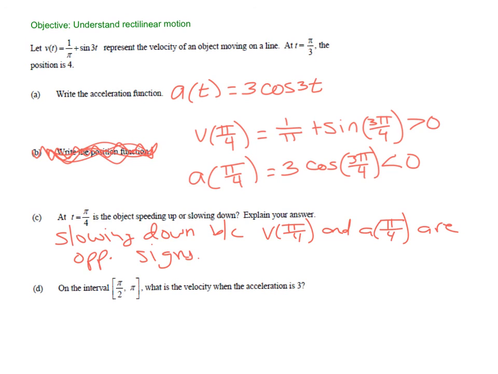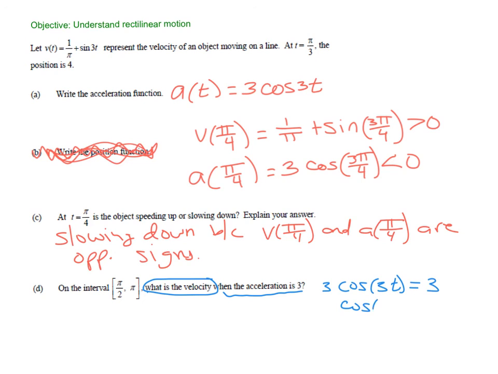On the interval pi over 2 to pi, what is the velocity when the acceleration is 3? All right, I want you to pause and try that on your own. What is the velocity? That's our final thing we need to find. But it's telling me when my acceleration is 3. So when is 3 cosine of 3t equal to 3?